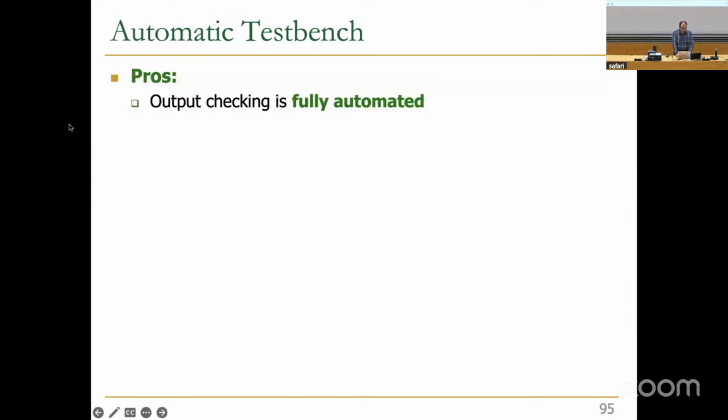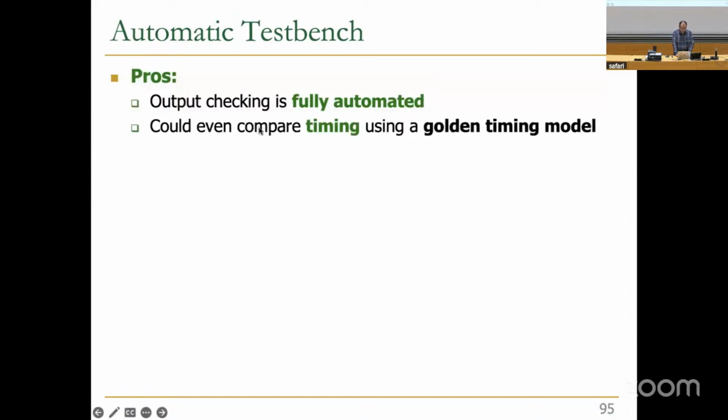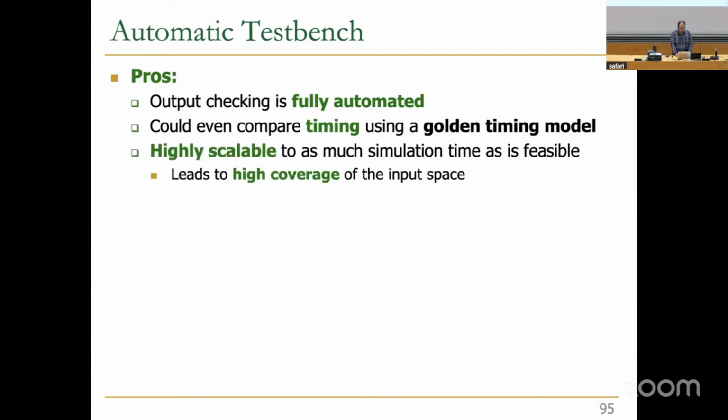As pros, of course, this output checking is fully automated and could even compare timing using a golden timing model. People have also come up with designing golden timing models to check the timing of your circuit. It's not in the scope of this course, but you can search for it if you're interested.